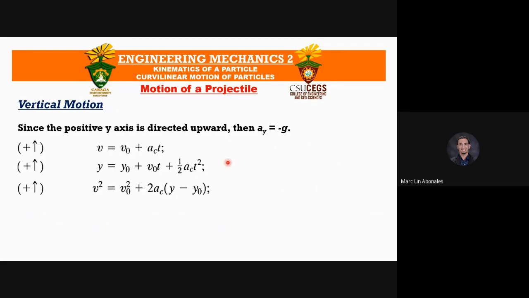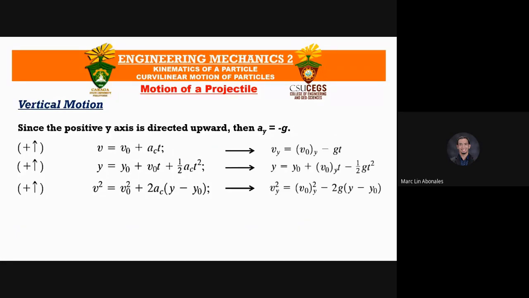We have actually the same equations used for a free-falling body. And if we substitute the initial position and velocity and the final position and velocity, we come up with these three equations.